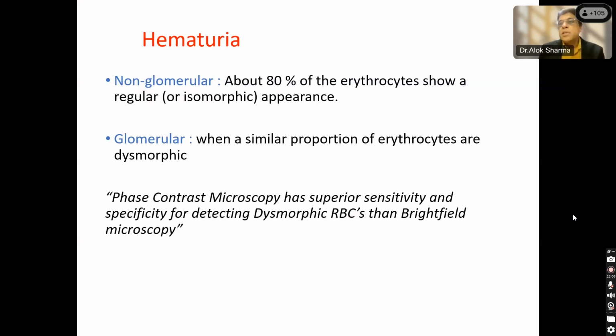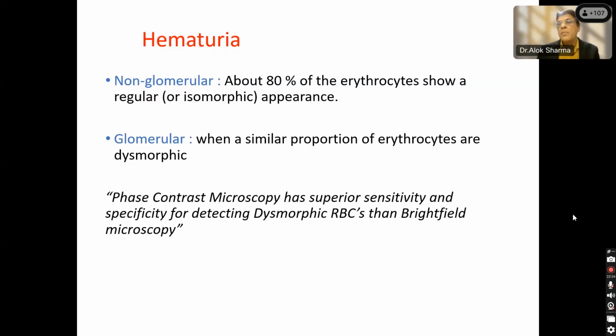Now, more than 80% dysmorphic, although it's very controversial, so you really cannot have a strict cutoff here. But when you have a significant number of RBCs which are dysmorphic, and a large number of laboratories take the threshold as 80%, then we suspect a glomerular hematuria.